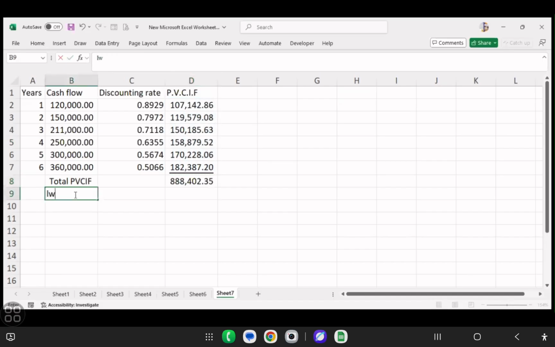Then from there, we less the initial capital. Our initial capital, we say that the investment is 720,000. How much is the NPV? It is equal to the total present value minus the initial capital outlay.